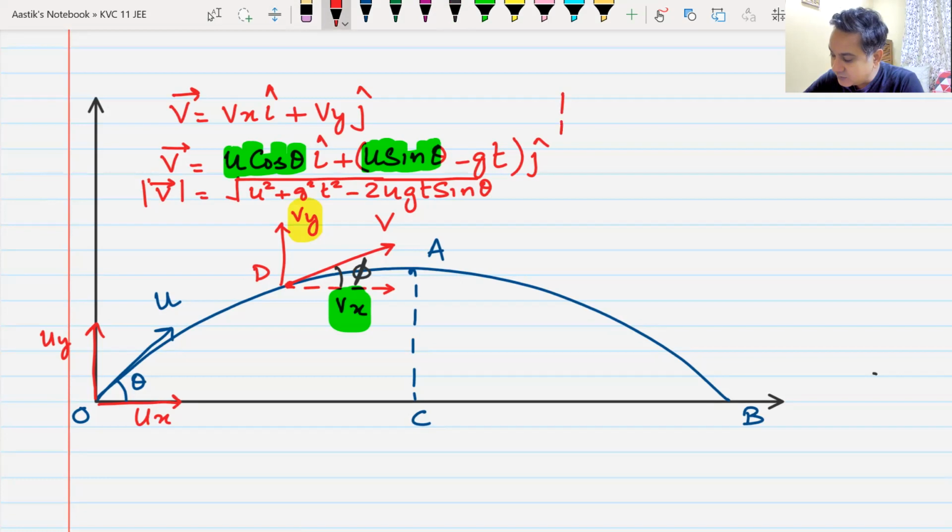Tan theta, they can ask you. This is phi and this is theta. Are they the same? Are they looking the same? How will you find out the value of this phi?